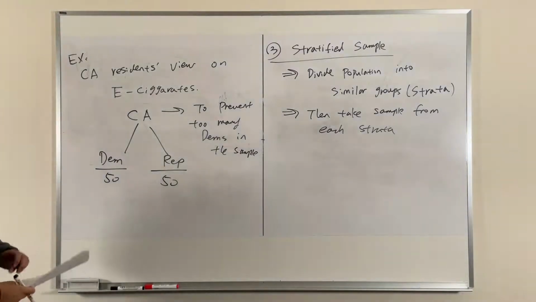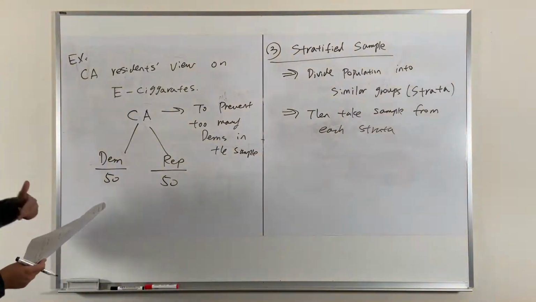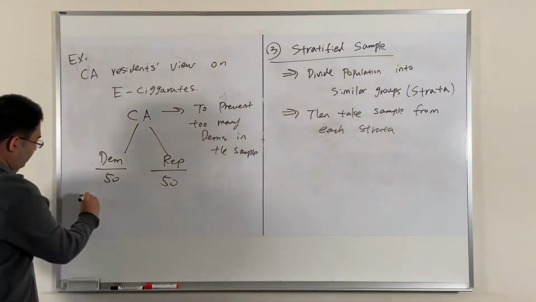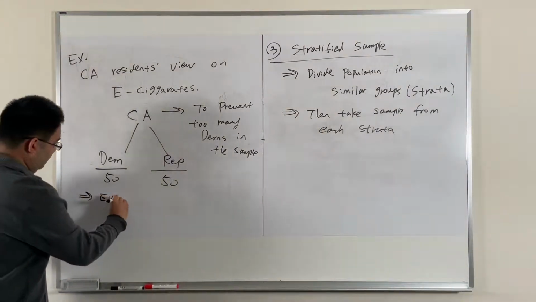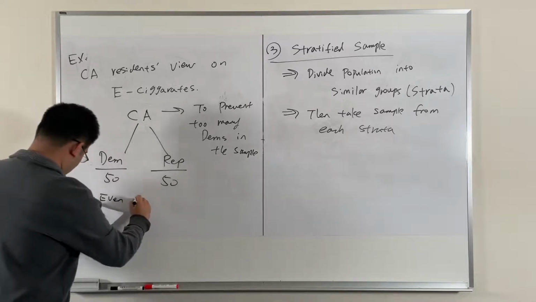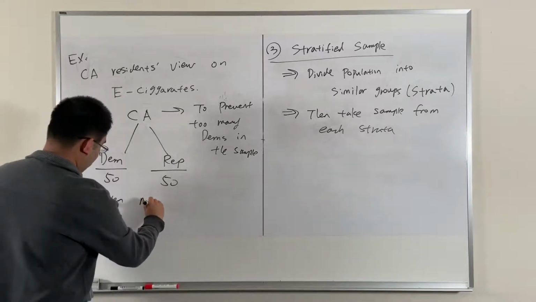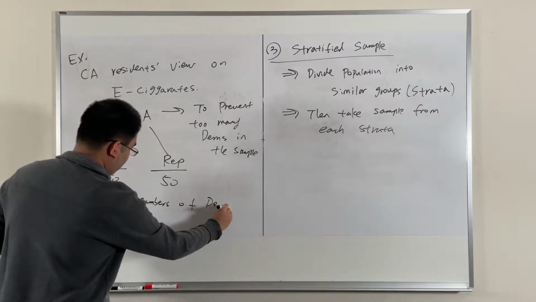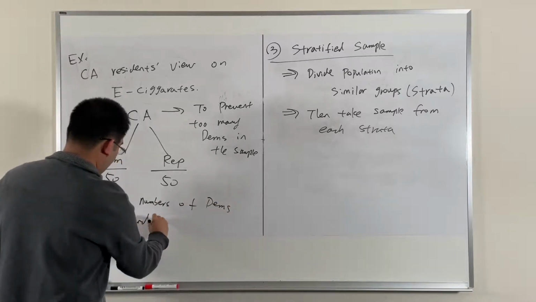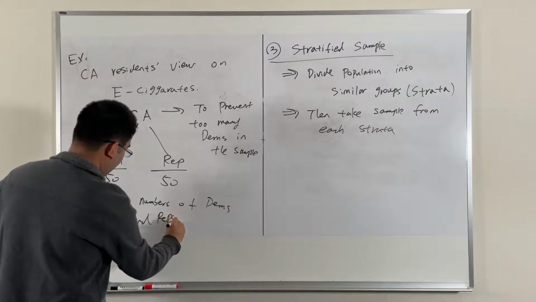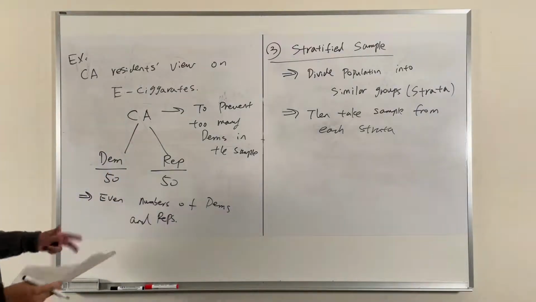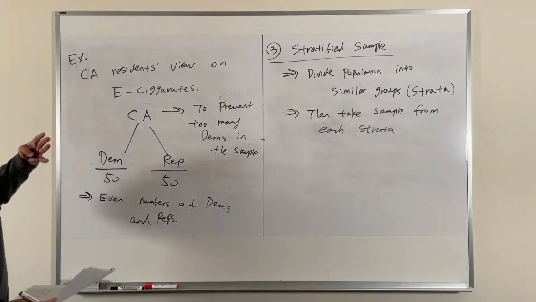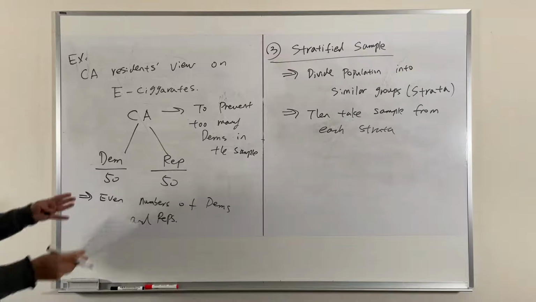So now we have even numbers of Democrats and Republicans in the sample. This is good, right? We don't have too many of either. It's fair in our sample.